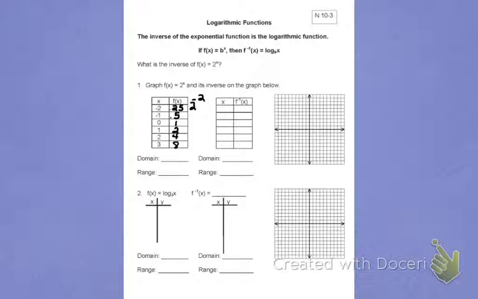Now we're going to reverse those. If we know that they're inverses, then when we go over here, we're going to reverse those. So now you have 0.25 as your x and -2 as your y. 0.5, -1, 1, 0, 2, 1, 4, 2, and 8, 3.